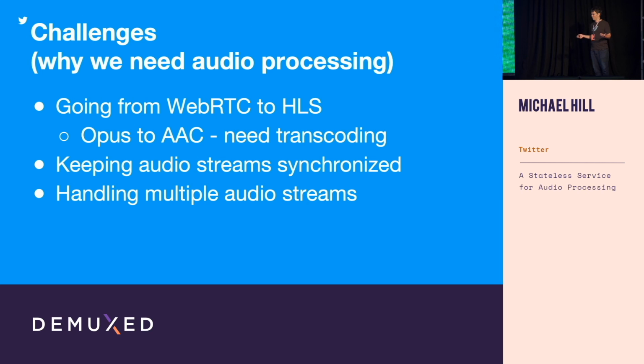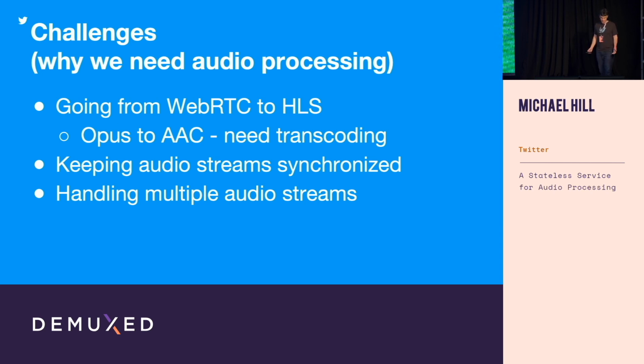We're going straight from AAC into HLS and HLS playlists. So in that case, we did not need a separate processing step. But now we're using WebRTC, and WebRTC by default uses the Opus audio codec. And HLS by default wants the AAC audio codec. So in order to make this work, we're going to need a transcoding step somewhere in the pipeline.